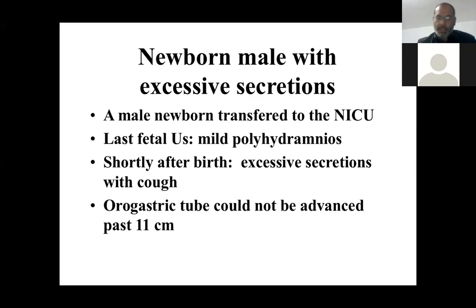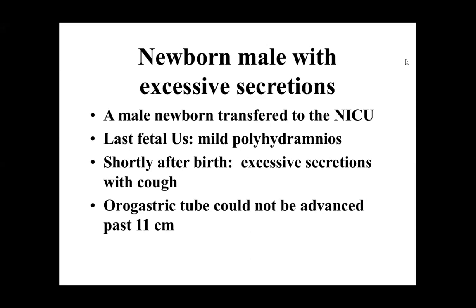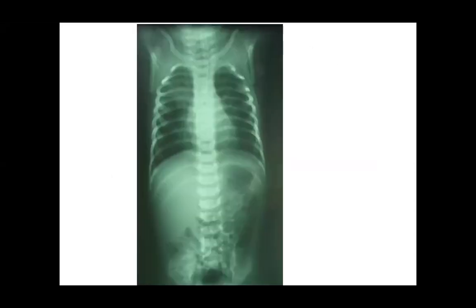Okay. So this is the case of a male newborn transferred to the NICU. In his history, we find a mild polyhydramnios discovered in the last fetal ultrasound. This patient presented shortly after birth with excessive secretions and cough. The orogastric tube could not be advanced past 11 centimeters.